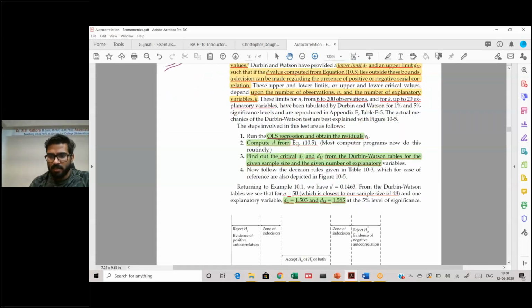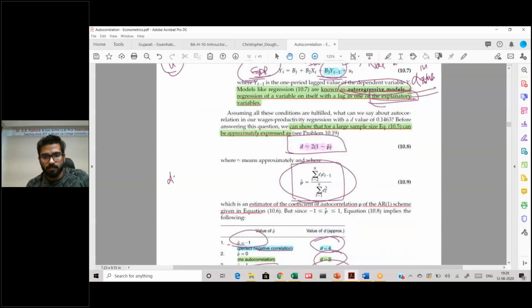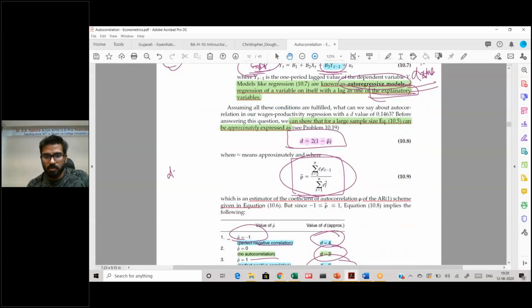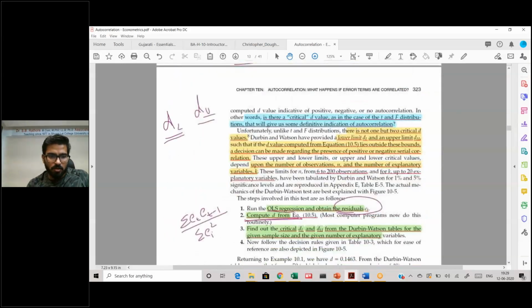What you do is calculate the OLS regression and estimate the residuals et. Now from the residuals, you can compute D. It's very easy. What you need to do is summation of (et minus et-1) squared upon summation et squared.